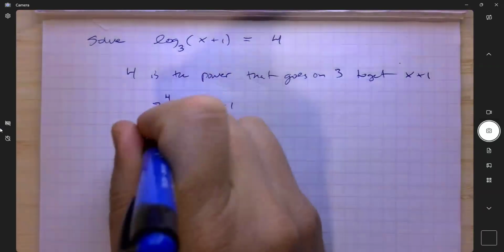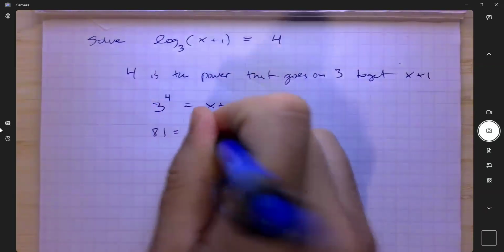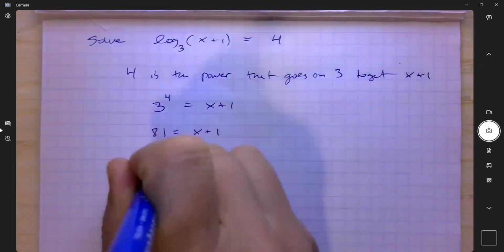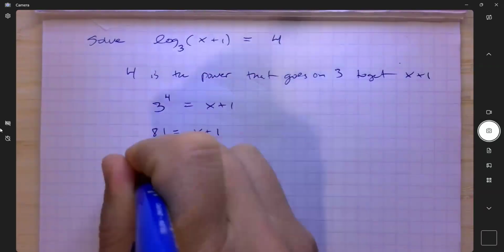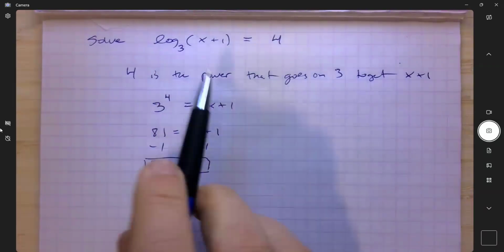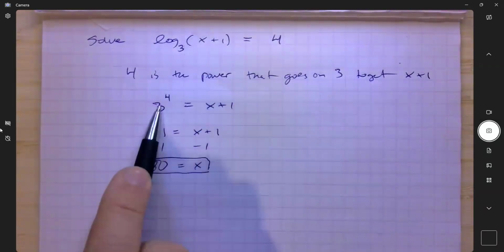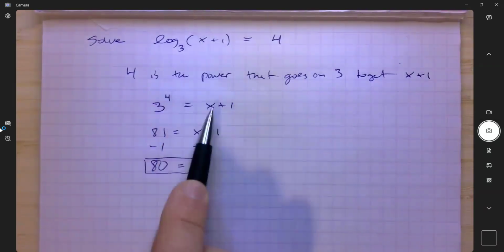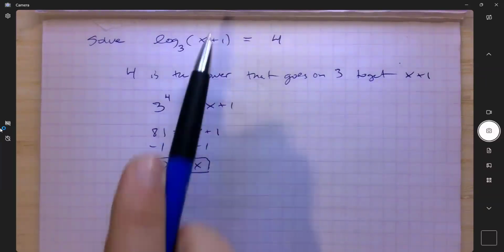Calculator will tell me that 3 to the 4th is 81. Subtract 1 from both sides, and I get that x equals 80. So rewriting your logarithm as an exponential will free what was inside the logarithm.